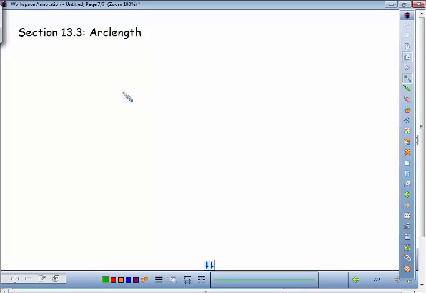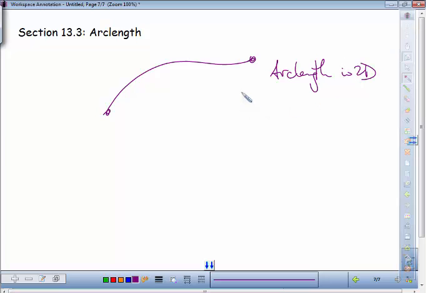I think we did arc length for parameterized functions already. You remember? In 2D, we had x and y to define our parameterized function.